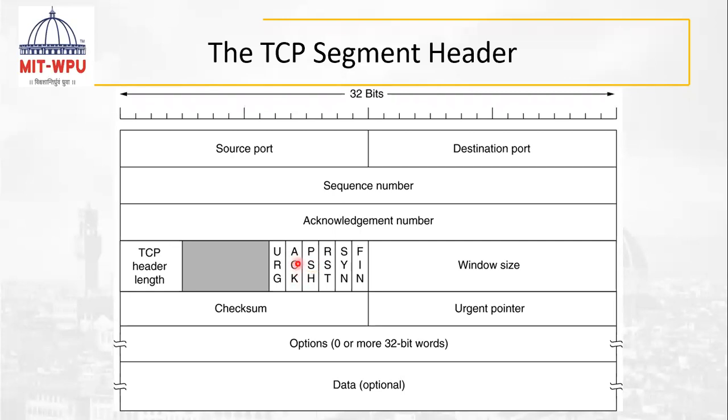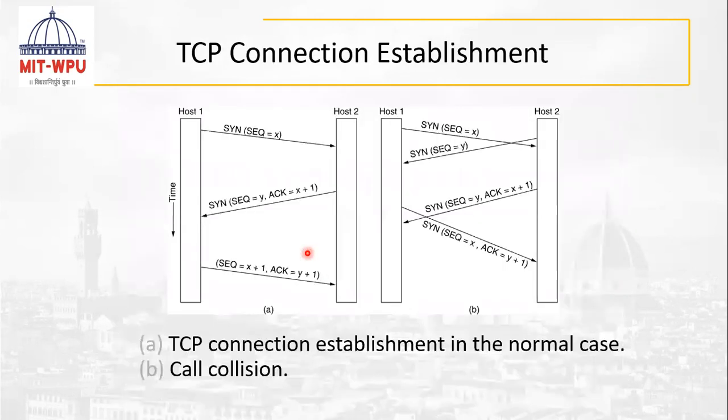Then acknowledgement flag will be used only in case you are acknowledging any message. And then there is an urgent flag. If some data from this packet is very urgent data, then you have to mention the address of that urgent data. So these are the flags that you have to use while sending the messages.